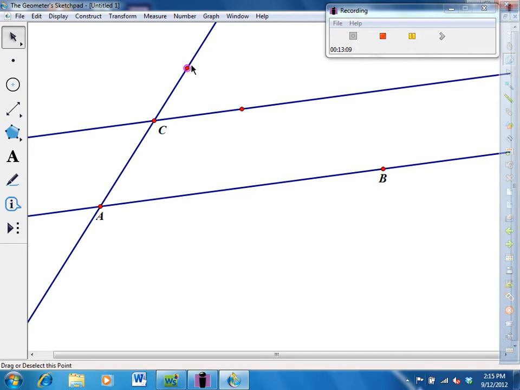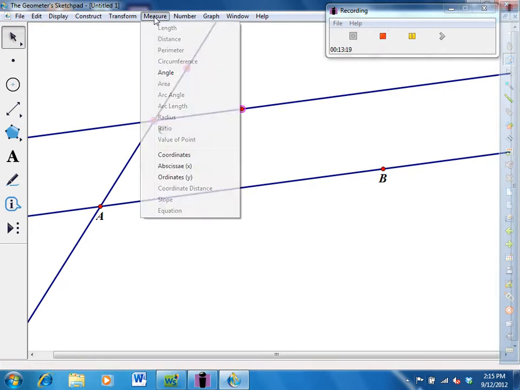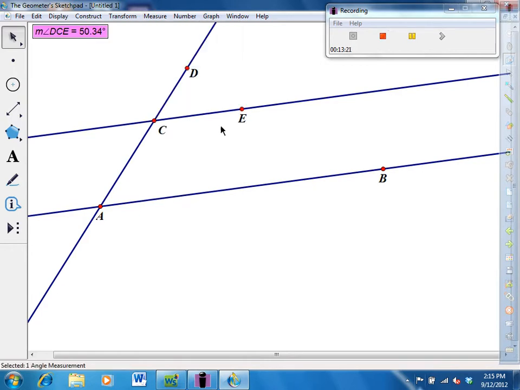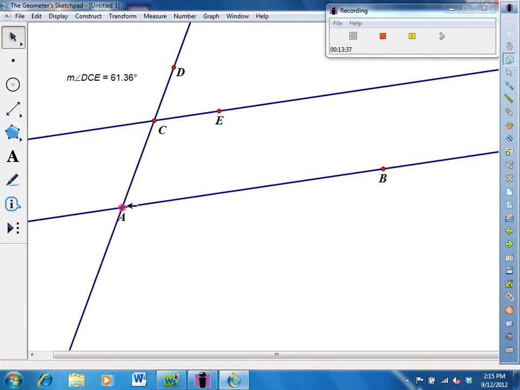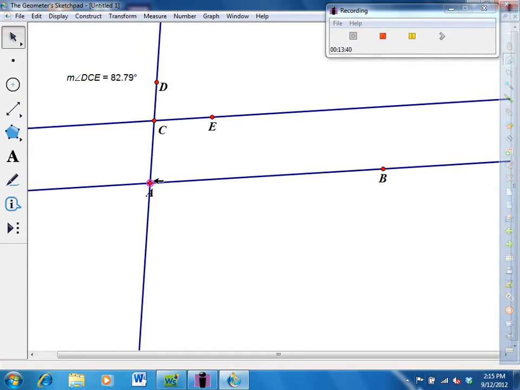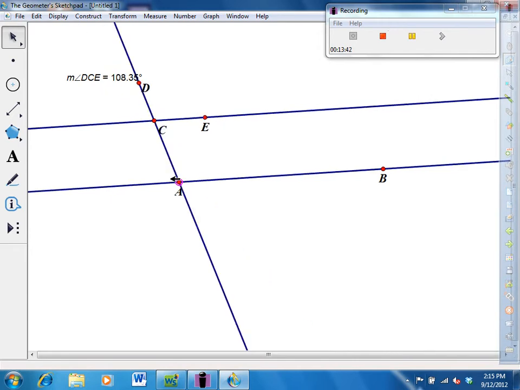The way you measure an angle, you click on that point, click on that point, click on that point, and you go measure angle. And it will tell you that that angle right there, DCE, is 50.34 degrees. And if you notice, it's dynamic. So what that means is if I drag that point around, see that angle's changing, right?